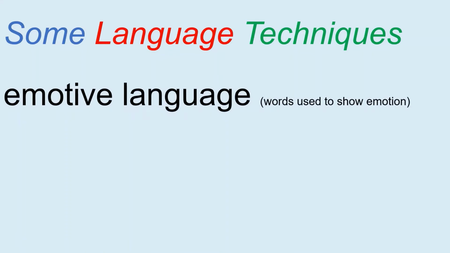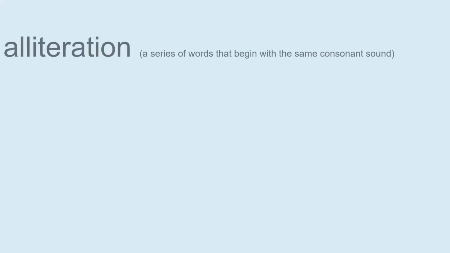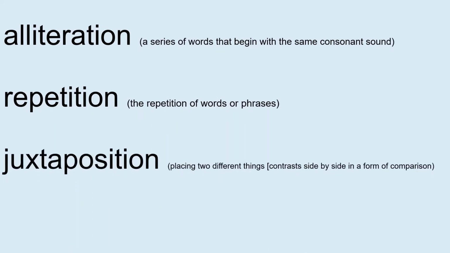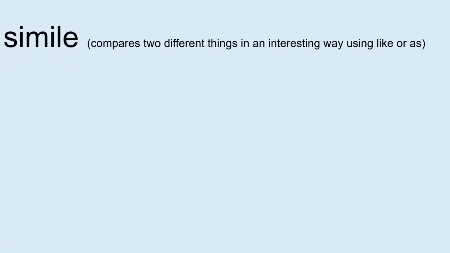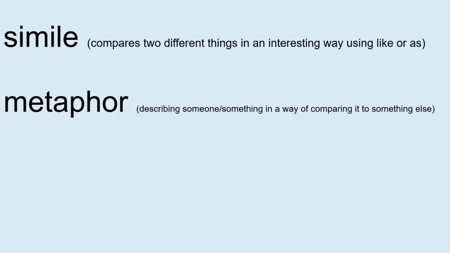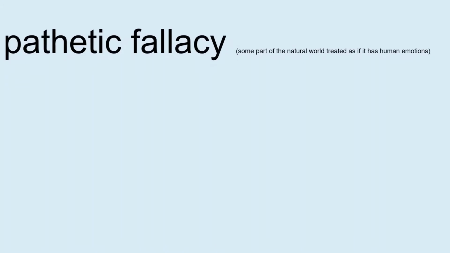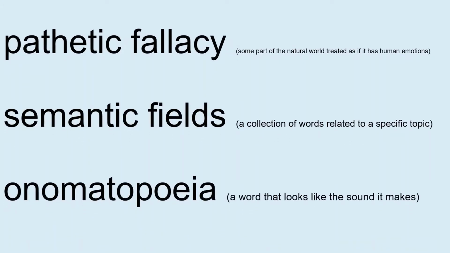So emotive language, hyperbole, tricolon, alliteration, repetition, juxtaposition, and sibilance, and a few more: simile, metaphor, imagery, and a few more: pathetic fallacy, semantic fields, onomatopoeia.